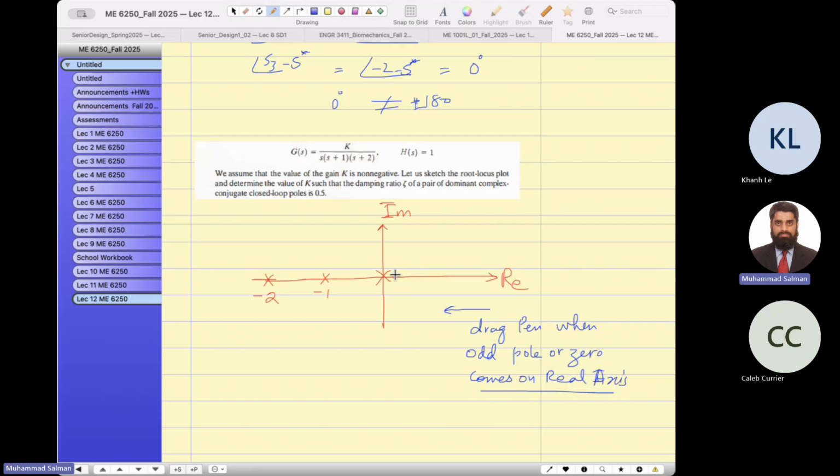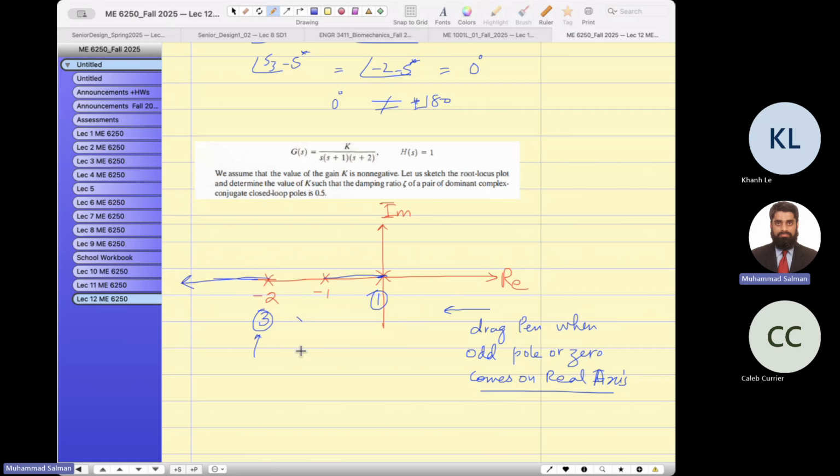Okay, so look, what is odd? This is odd, this is even, this is odd. Drag the pen down when you see odd until you hit the next pole. You lift the pen up and then drag it down. When you see the odd pole or zero, you could drag it down all the way here.